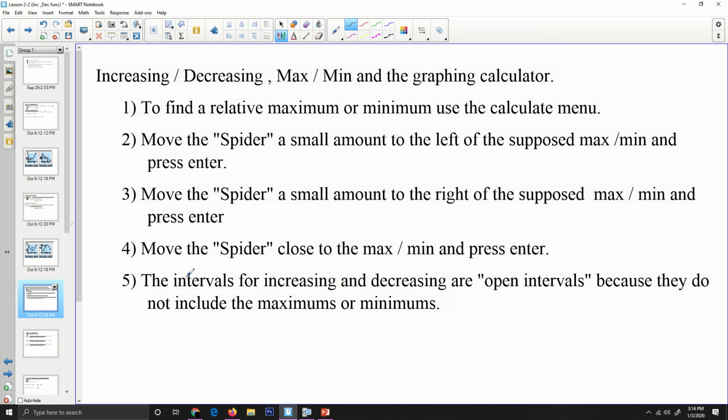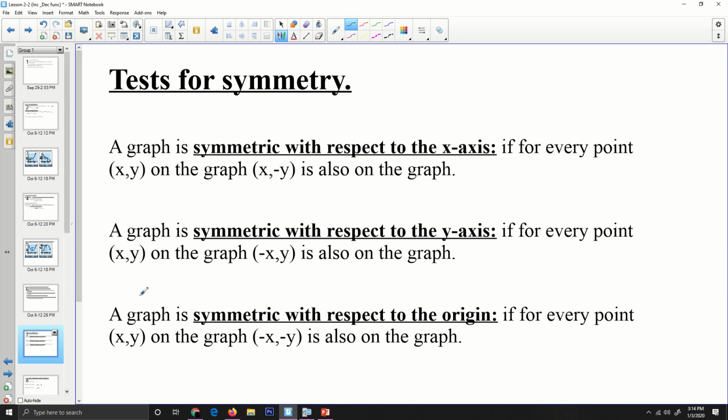What you'll see is they're finding the intervals for where to check for the maximum or minimum. The intervals for increasing or decreasing are open intervals because they do not include the maximums or minimums. All right, and I'll show you an example of that here shortly.